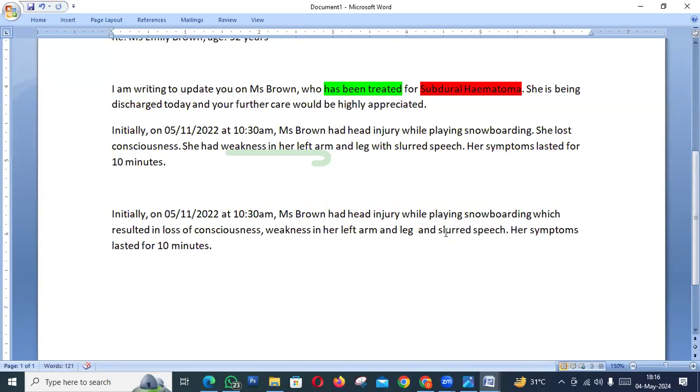Okay, and even you can take slurred speech at the start. So this left arm and leg should be at the end, would look good. Okay, so she had a head injury while playing snowboarding, which resulted in loss of consciousness, slurred speech, and weakness in her left arm and leg.